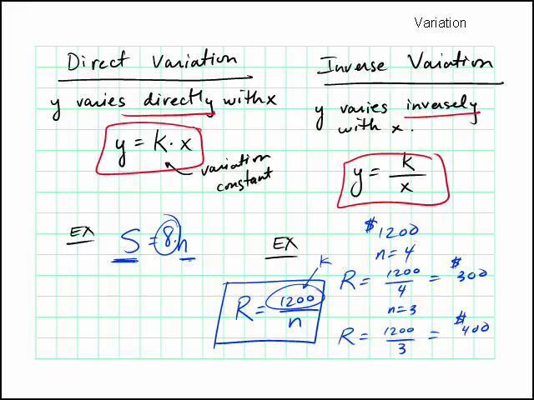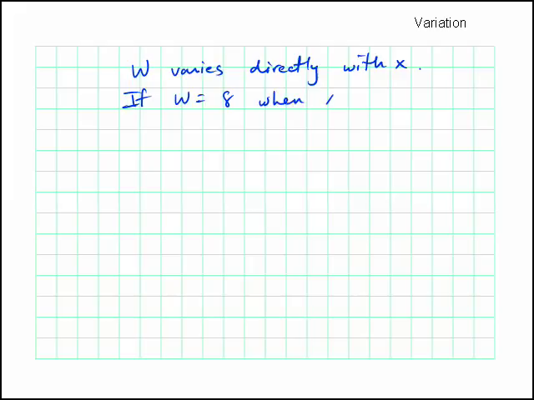Okay, let's do an example of direct variation here. Let's say we have W varies directly with X, and we also know W equals 8 when X equals 2. Find W when X equals 20.